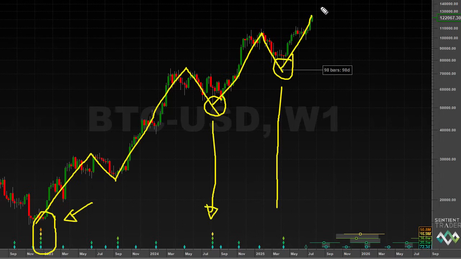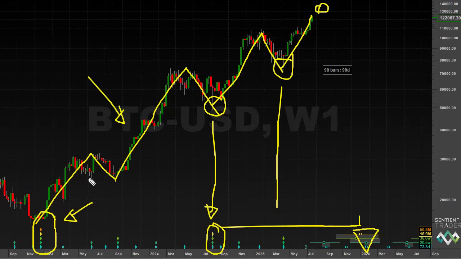We are expecting a peak to occur at some point. That might not be very soon, but it will certainly occur before the next 18-month cycle trough, which is expected, as you can see, in early 2026. This 18-month cycle that started in August of last year and will end in early 2026 is expected to be less bullish than this 18-month cycle that played out from December of 2022 until August of 2024.